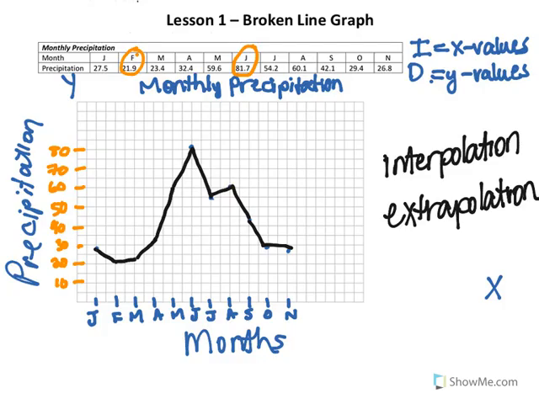If I wanted to figure out what the rain is on May 25th, you could guess because it'd be somewhere in here. Extrapolation means it's outside of the graph. If I wanted to know how much the rain was in December, it'd be somewhere over here, and it's outside, it's extra. So that is what those two words mean.